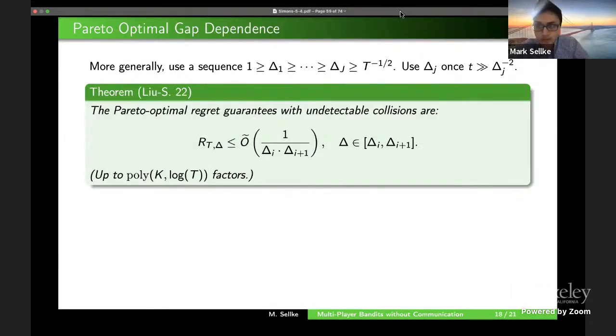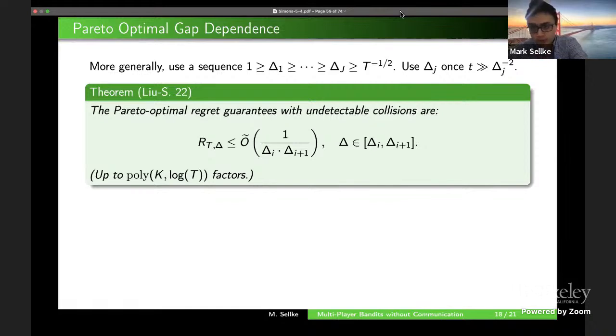And this turns out to lead to the best possible algorithms for the problem if there's undetectable collisions. And in fact, it still works in a collision-free way. So more generally, what you're going to do is you're going to fix a sequence of different gap sizes. This is kind of a schedule along which you're going to use this kind of algorithm.